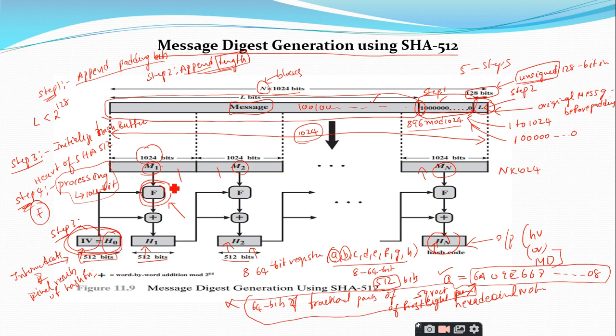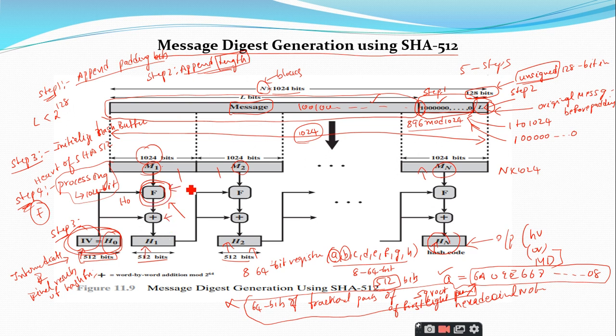For the first message block M1, the initial hash value H0 is given as input, and the output it generates is going to be added. I will tell you what this addition is. It is not an exclusive OR operation, it is just an add operation.